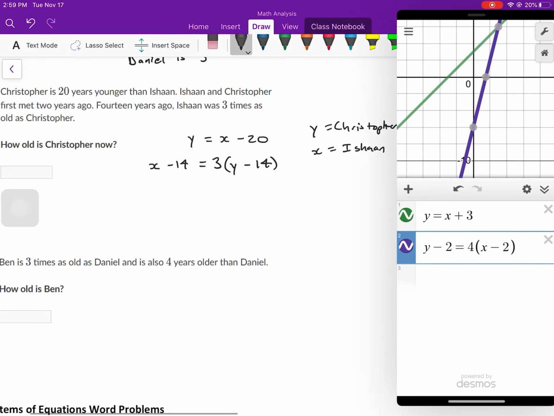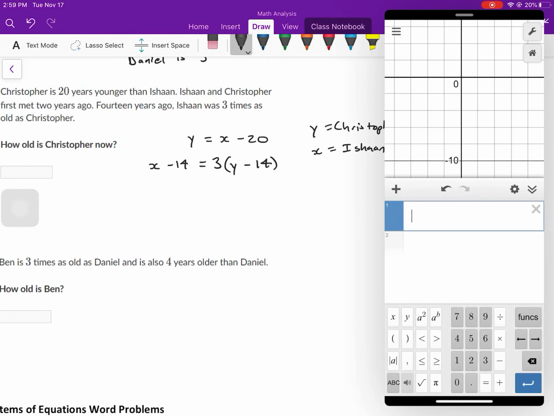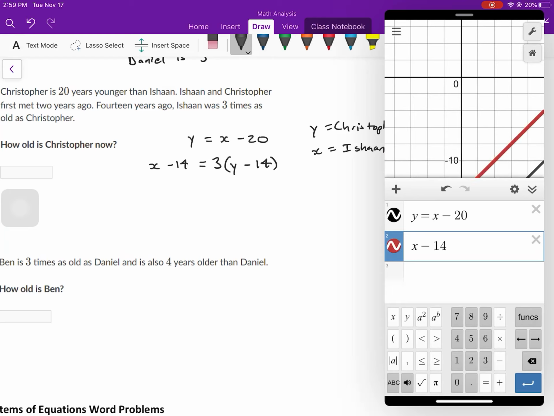Hope I'm saying his name right. And Y equals X minus 20, and X minus 14. Oops, forgot my 14 there, huh? Equals 3 times Y minus 14.